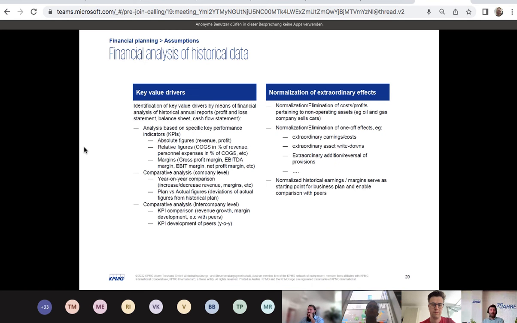If, for example, the growth is quite similar in all of these countries and margins are quite comparable, then maybe you could also look at it on a consolidated basis, also for the case study, for example.